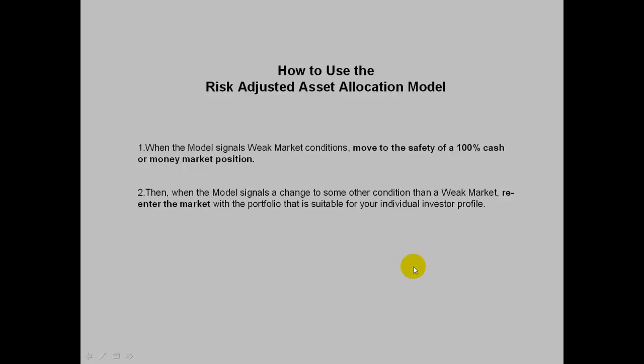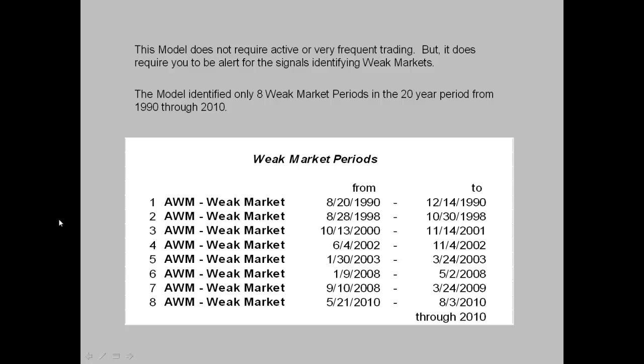And this is how we use the risk-adjusted asset allocation model. When the model signals weak market conditions, move to the safety of a 100% cash or money market position. Then when the model signals a change to some other condition than a weak market, re-enter the market with a portfolio that is suitable for your individual investor profile.